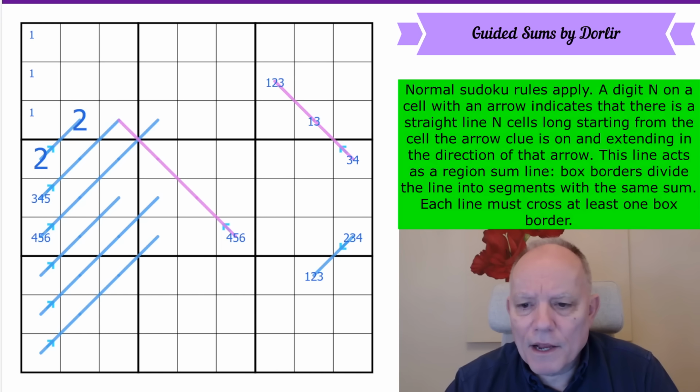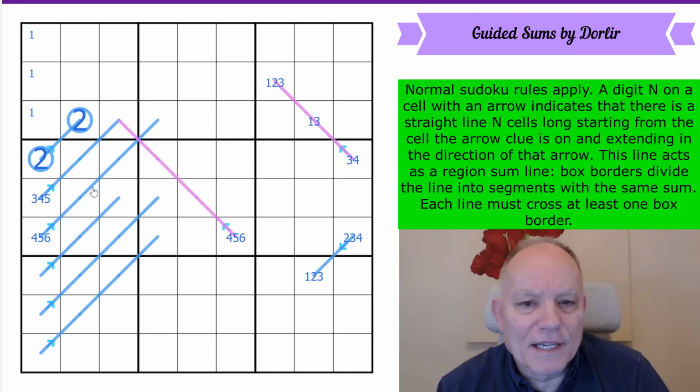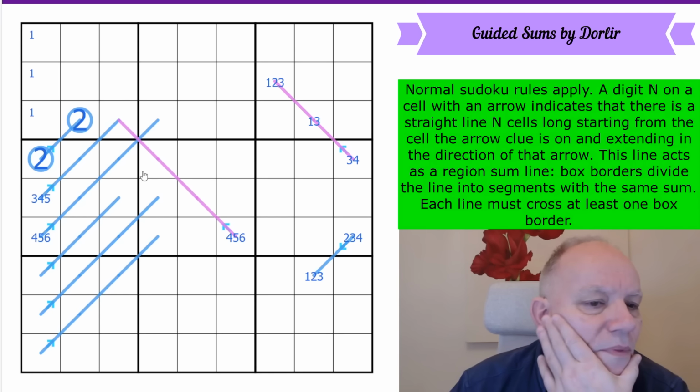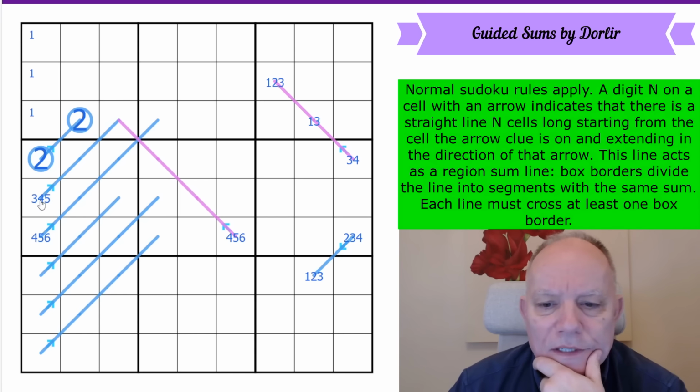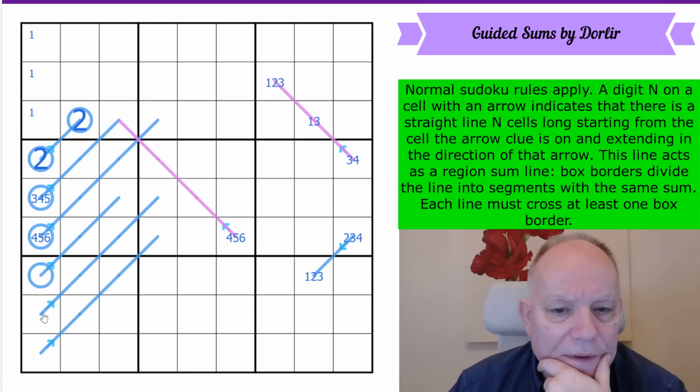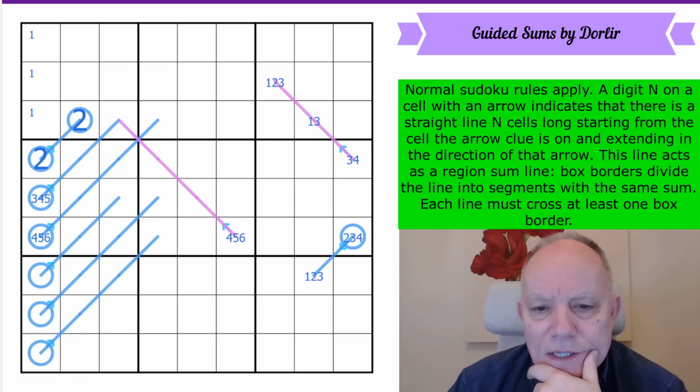Apart from, I'm going to put little circles around that because this one's finished. None of the others are necessarily finished. And nonetheless, I'm going to put circles around the start points of them, just so I can get used to what I'm looking at here.